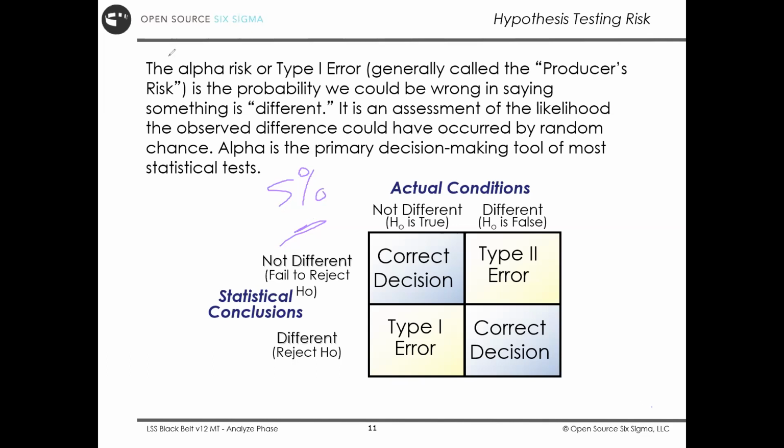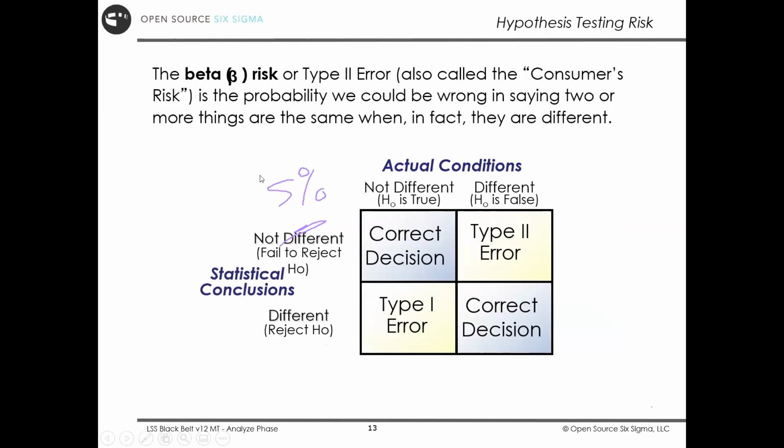So if I continue here to the beta error, again, the probability of accepting a null, so you say no difference or no relation or whatever, while there is a relationship. That's what is meant here in the material. We could be wrong in saying two or more things are the same when in fact they are different.